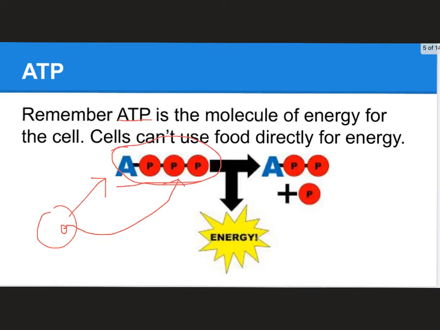When it gets quote-unquote used, it is converted to adenosine diphosphate, or ADP. ADP is kind of like a dead battery, and ATP is like a charged battery. And the way that this gets recharged is using energy from the food through the process of cellular respiration, which we'll talk about later.